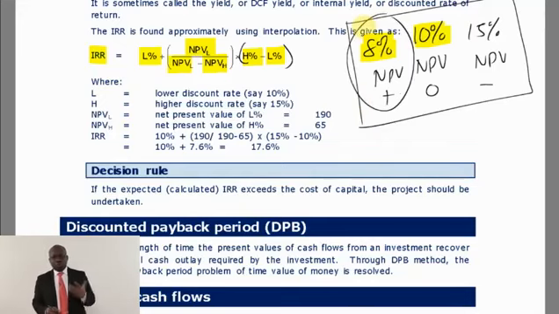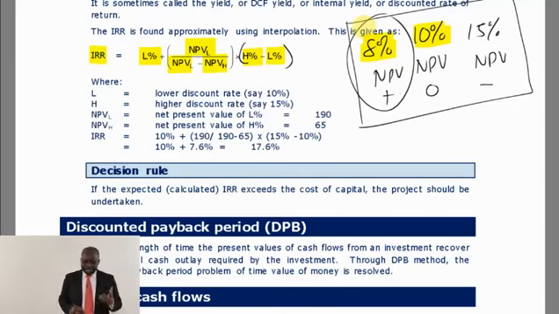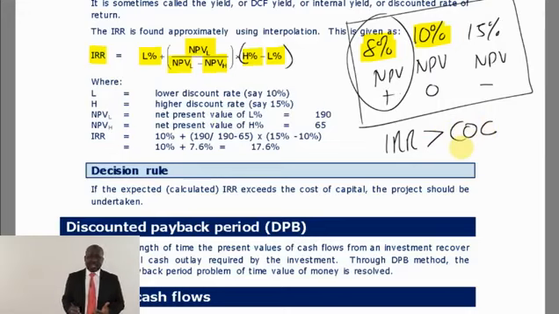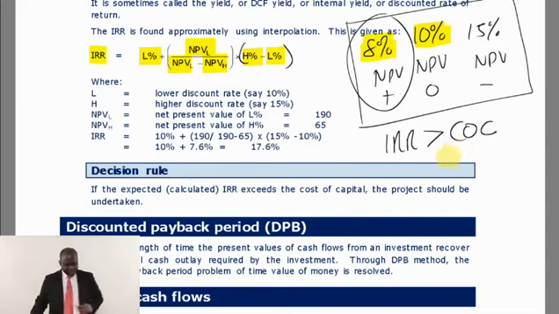Therefore, you will only accept the project if that project's internal rate of return is greater than the cost of capital. So if that IRR is greater than the cost of raising the money, then it is acceptable to undertake the project, because it will result in a positive NPV.